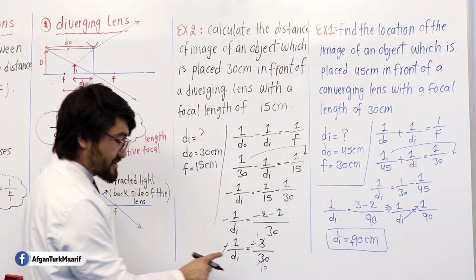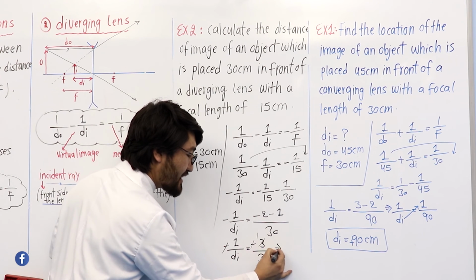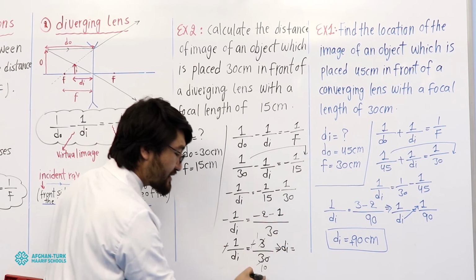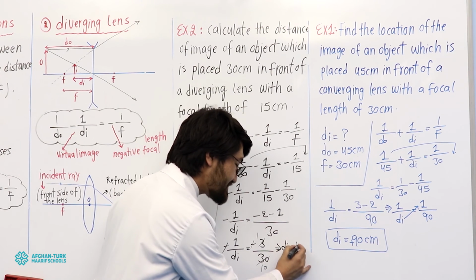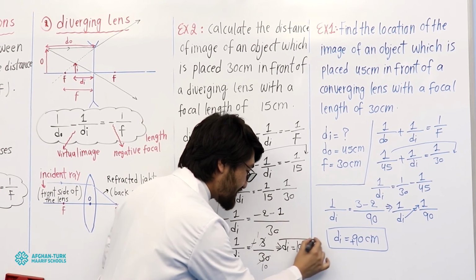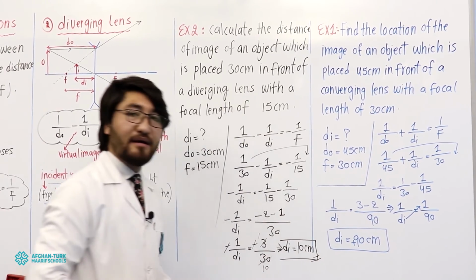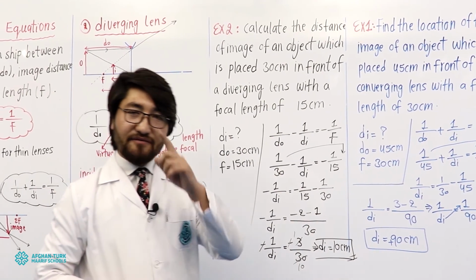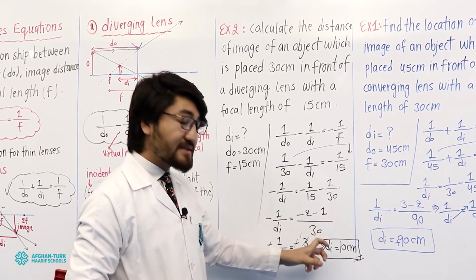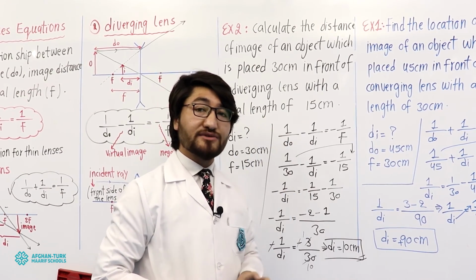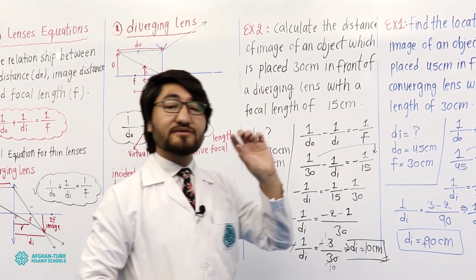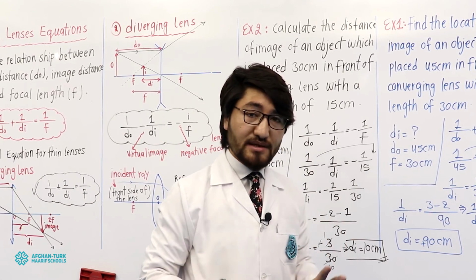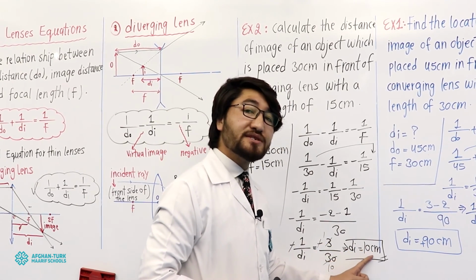If we multiply this, DI times 1 is DI, 10 times 1 is 10 centimeter. Okay, the distance of the virtual image. The image formed by a diverging lens is virtual. The distance of the virtual image is 10 centimeter.